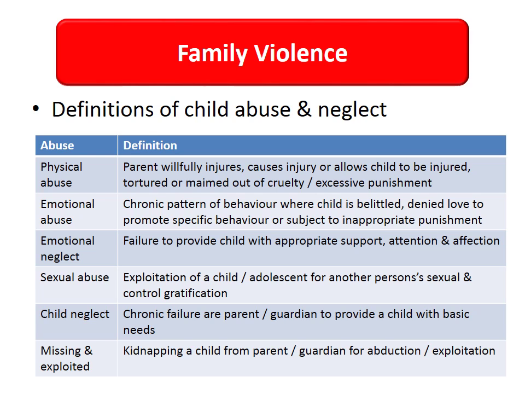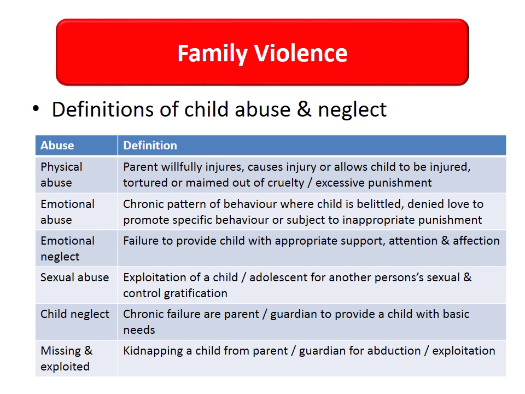The second category, emotional abuse, differs from the third category, which is emotional neglect. Emotional abuse is defined as a chronic pattern of behavior where a child is belittled, denied love, or subject to inappropriate punishment. Inappropriate punishment could be by denying the child affection or love or access to specific resources that may be necessary for him or her.